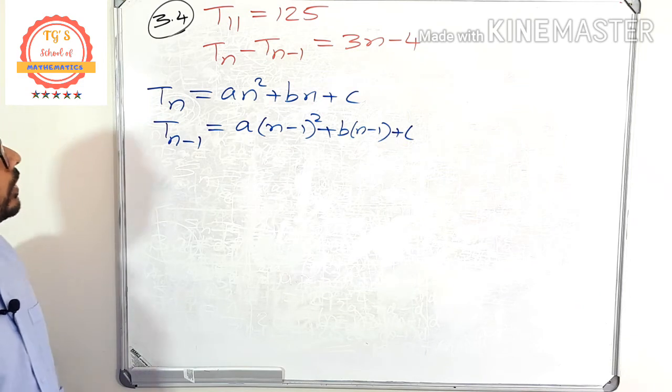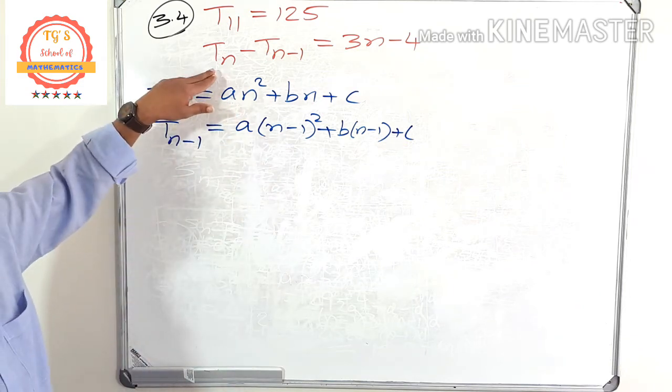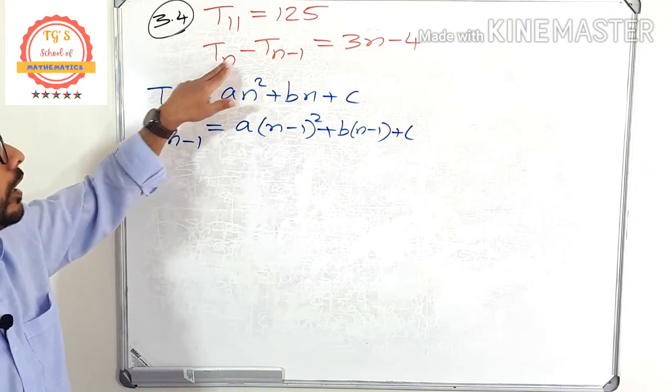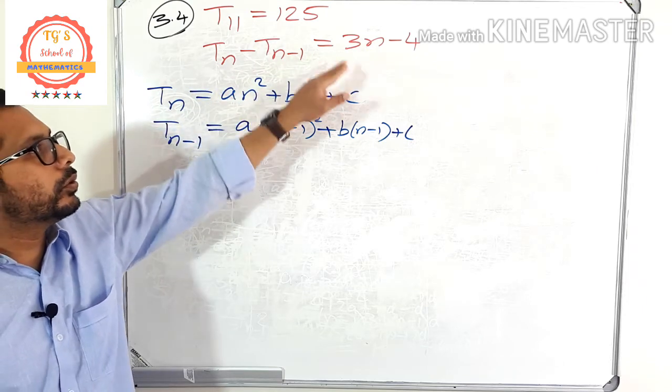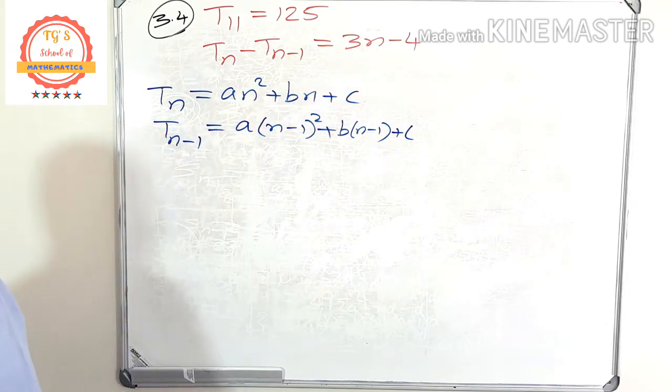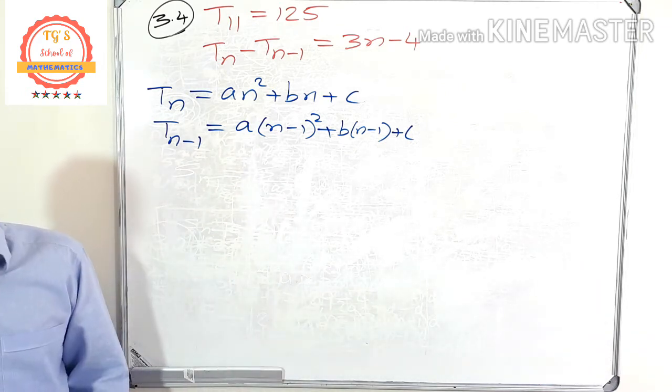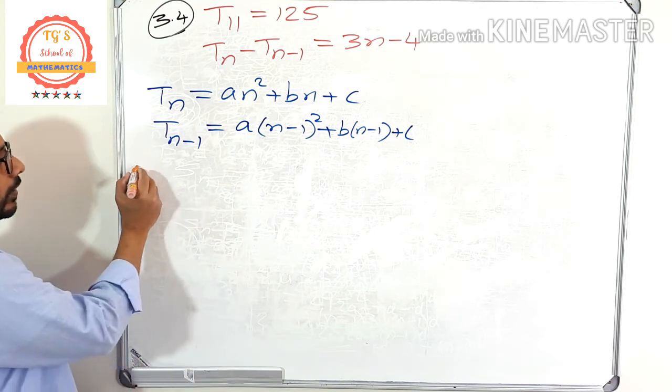Now look at the given property: Tn minus Tn minus 1 is equal to 3n minus 4. We know what Tn and Tn minus 1 are, so let me write that.